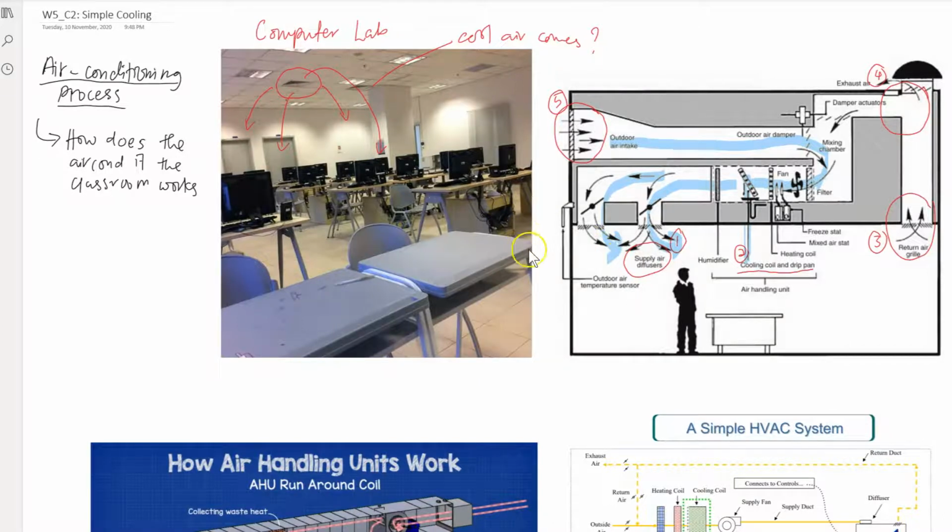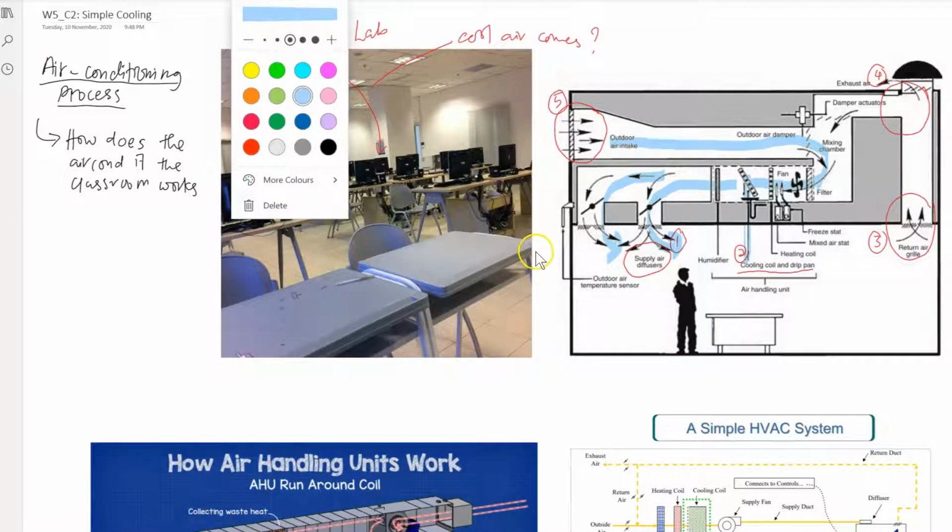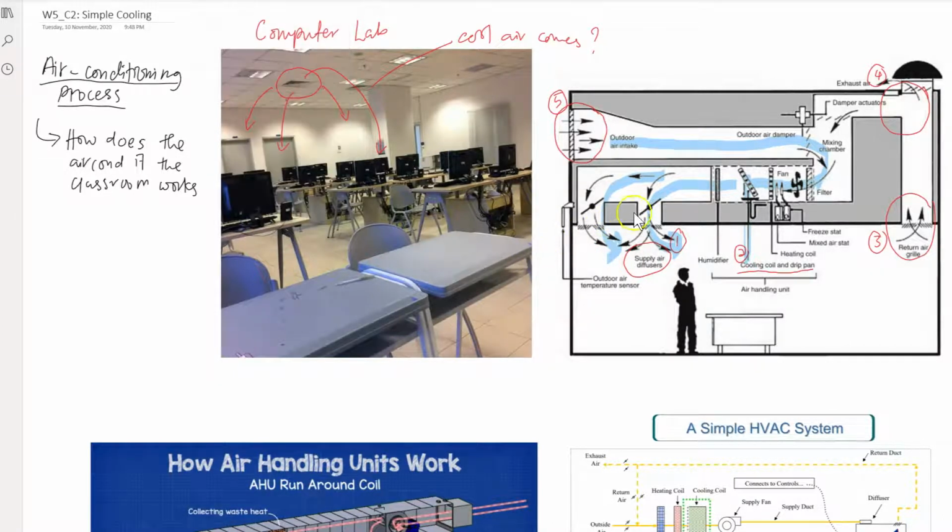And not to forget, how the heat coming from your body will flow through the return grill and come into here, and some of it goes out, and some of it comes here and mixes with this, then hits the cooling coil, and everything is going to be cool again.